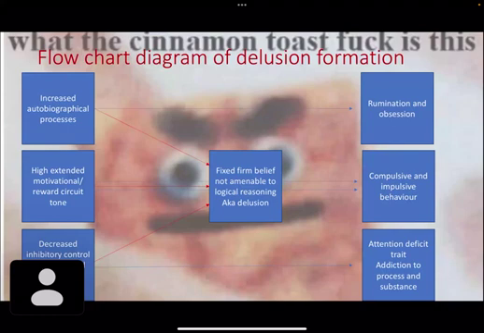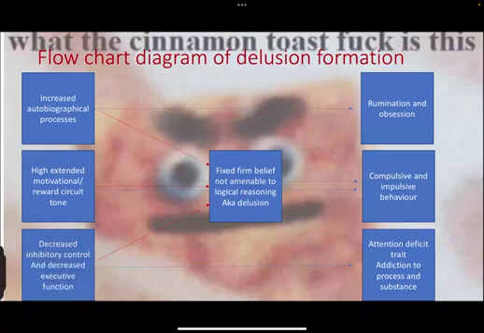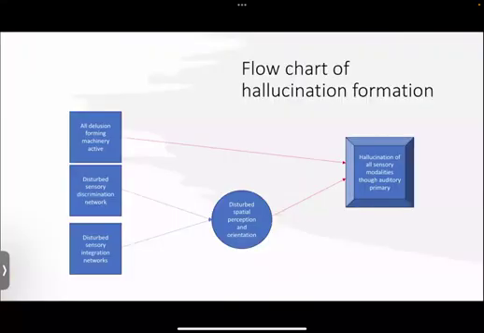There would be increased motivational or reward circuit tone, which would lead to compulsive and impulsive behavior normally, which would be decreased inhibitory control and decreased executive function, which would lead to attention deficit trait and addiction to process and substances. But all three of them would at times combine and form fixed firm belief not amenable to logical reasoning, aka delusion.